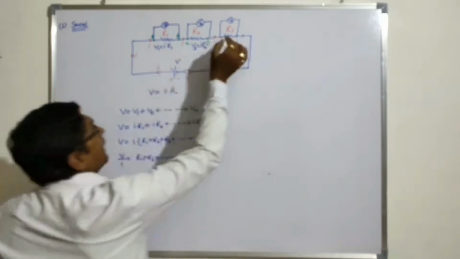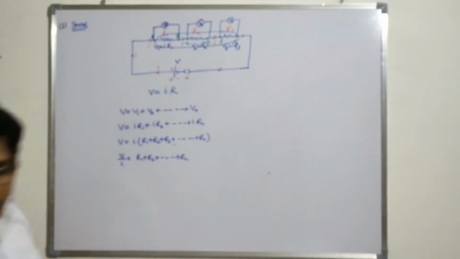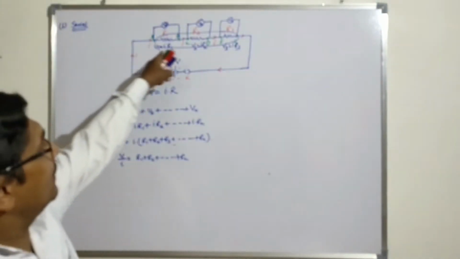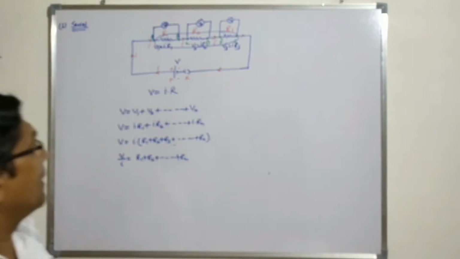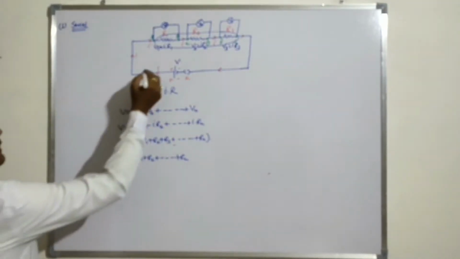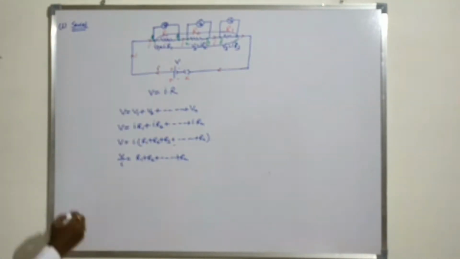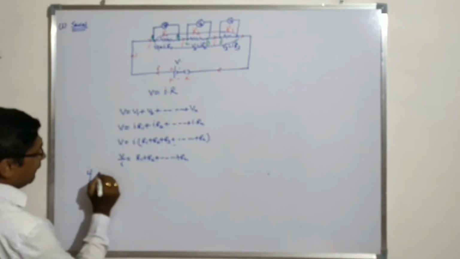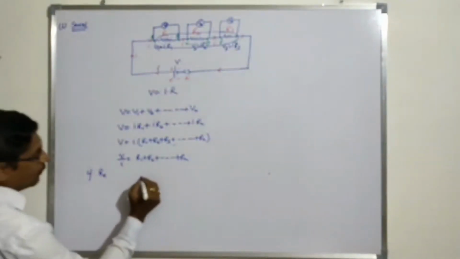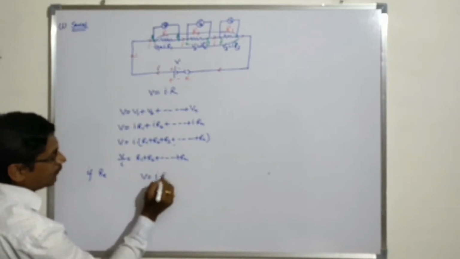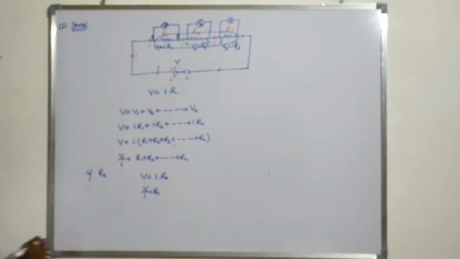Suppose we assume an equivalent resistance; the battery provides current I and the source voltage of the battery is V. If the equivalent resistance is Re, then according to Ohm's law, V equals I into Re, so V upon I equals Re.